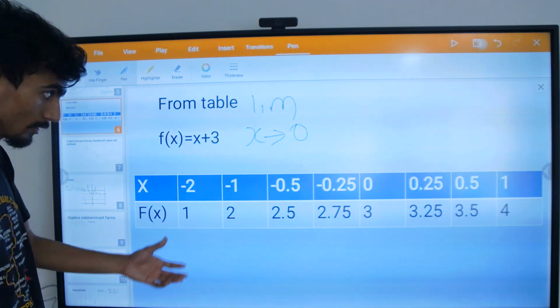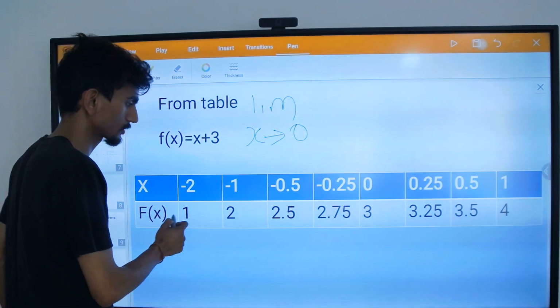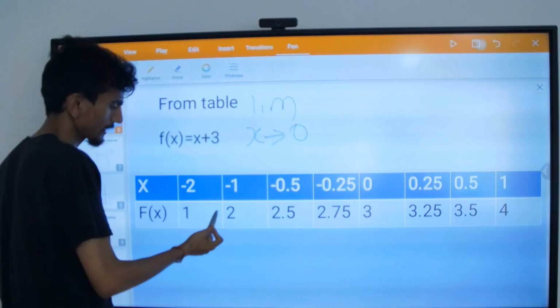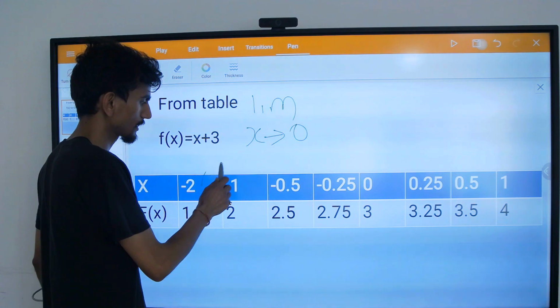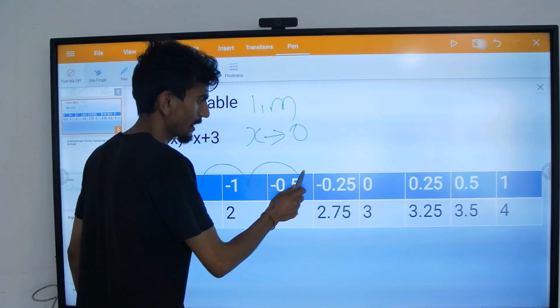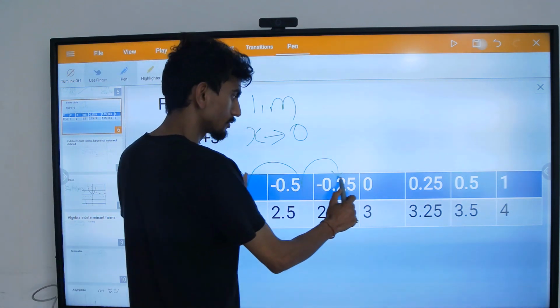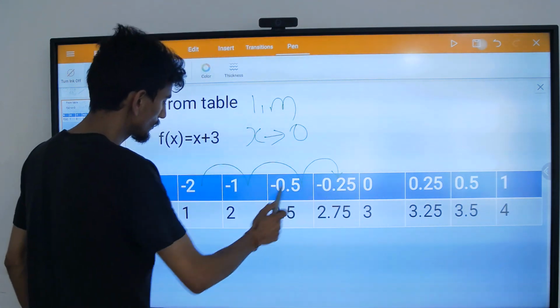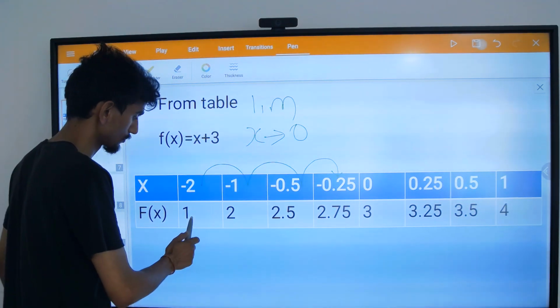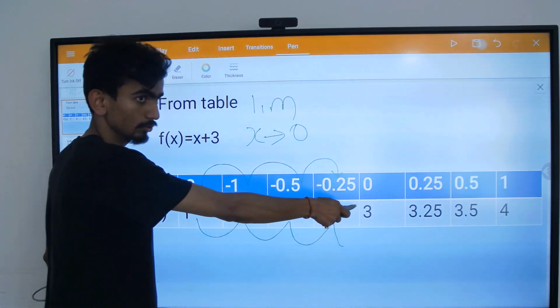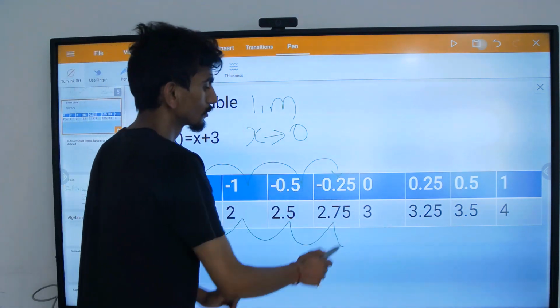So x is approaching 0 means from minus 2 it is getting to minus 1, minus 0.5, minus 0.25, getting close to 0. When it's getting close to 0, what is this function getting close to? From 1 it gets to 2, 2.5, 2.75, getting close to 3, right? It's getting close to 3.